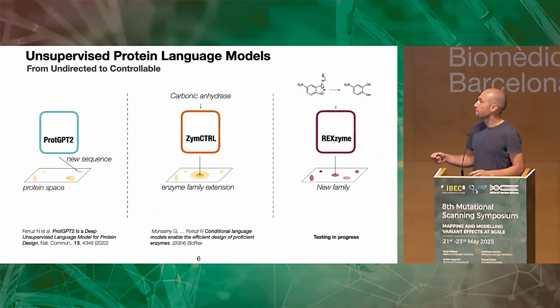And this model can generate sequences that belong to this enzyme family, broadening the family that can catalyze that specific reaction. And more recently, we trained also RegZyme, which is an encoder-decoder model that can take in input any reaction and gives us an output string of amino acids that potentially catalyzes that specific reaction.